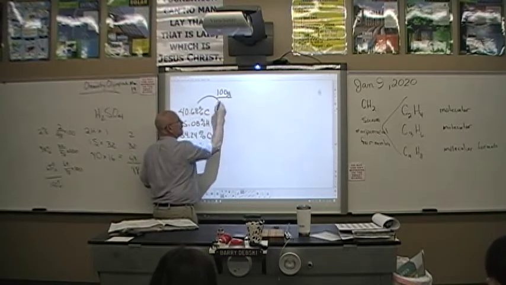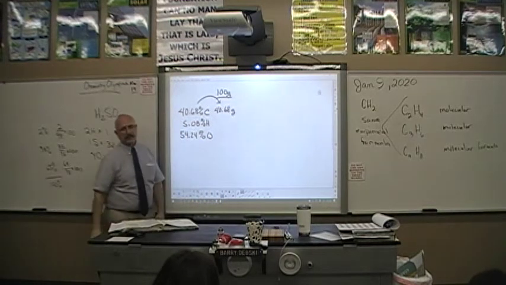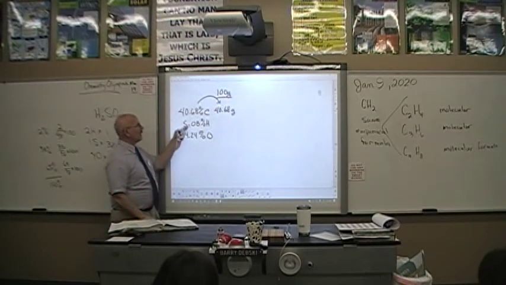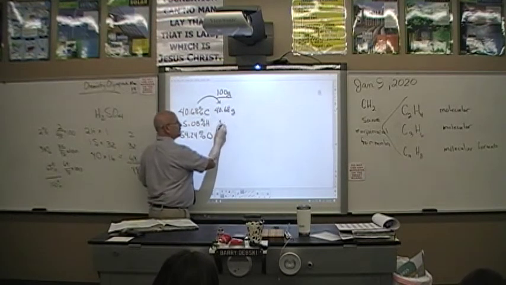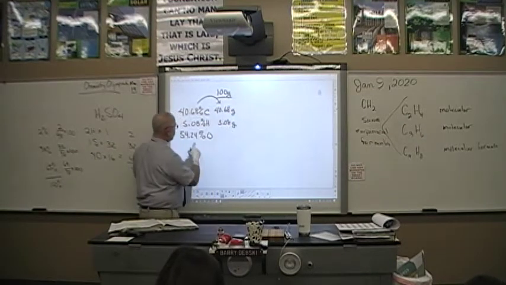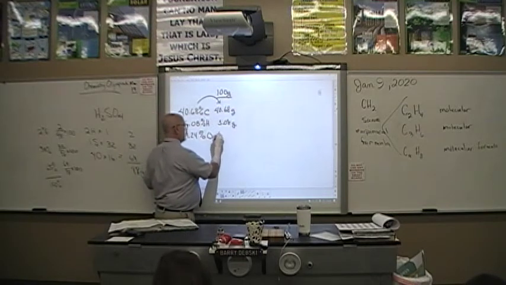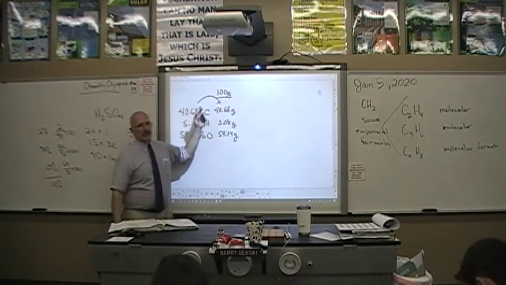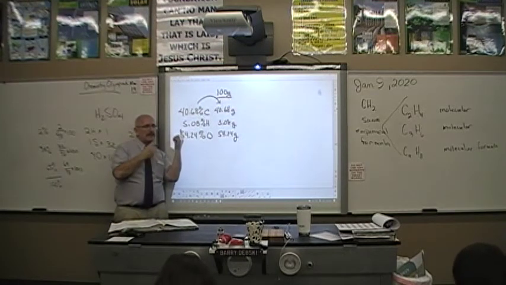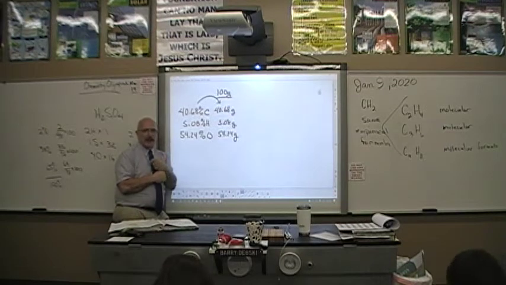So if I assume a 100-gram sample, it tells you to do this in the instructions on this problem, which is kind of cool, then that changes to 40.68 grams. No kidding. What's 5.08% of 100? 5.08 grams. And what is 54.24% of 100? 54.24 grams. So what you'll see is that if they give you a starting point of percentages, you can always just change them into grams automatically.